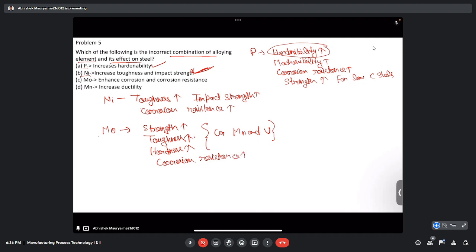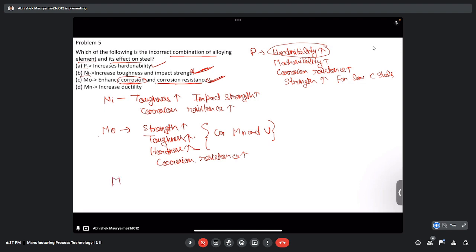Since hardness is improving, its wear resistance or abrasion resistance also increases. So molybdenum enhances the corrosion resistance. Okay, I think this is a misprint, but for corrosion resistance, it is correct. It increases the corrosion resistance.